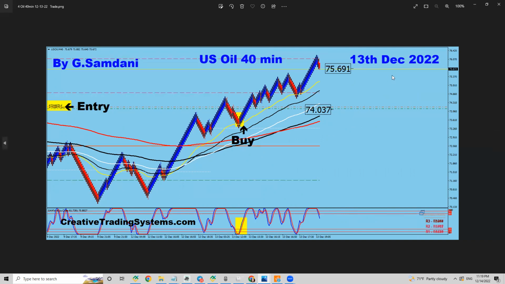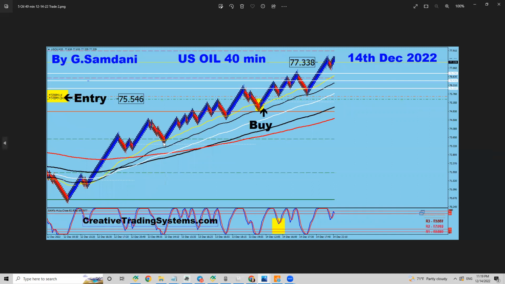Okay, this is on the 13th. Then on the 14th, the next one. See, the last one was from here to here. Then it went up, dip, and another entry here. This mark is off a little bit, by the way. It's supposed to be here, right? So this one went from 75.54 to 77.33.